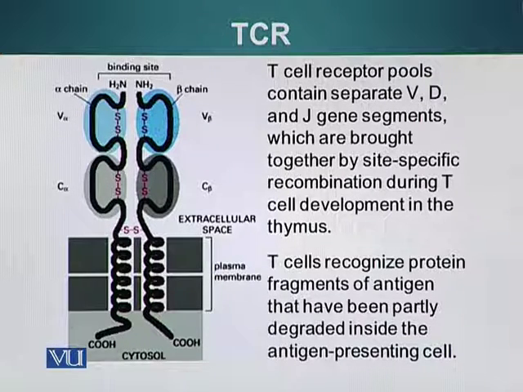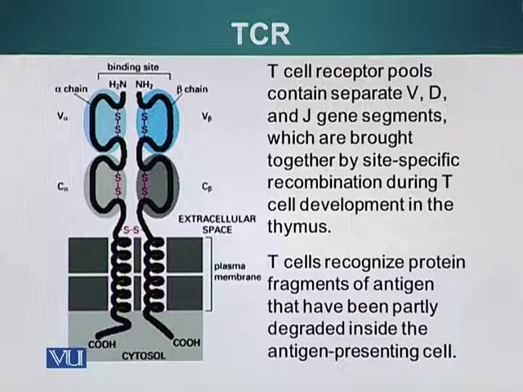Diversity of TCR molecules is generated by a similar process as we saw in the B cell receptor, where the variable region of the antibodies is joined by different gene segments, and that results in diversity of these antibody molecules. The T cell receptor also has a similar process. It goes through joining of different gene segments, which results in diversity of the T cell receptor.